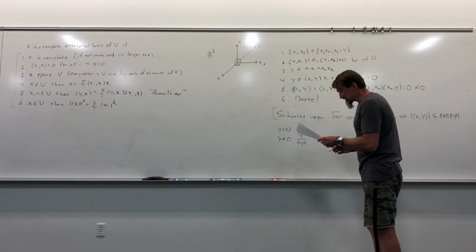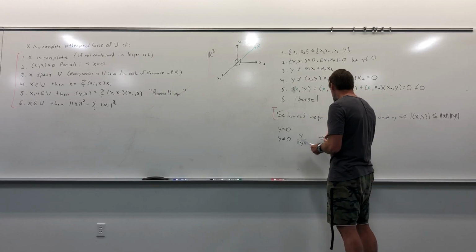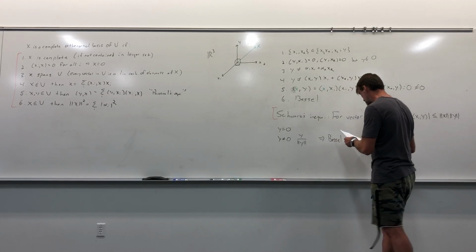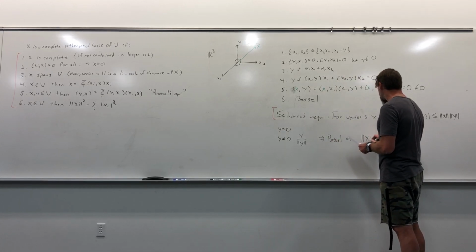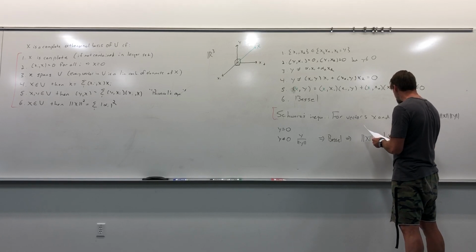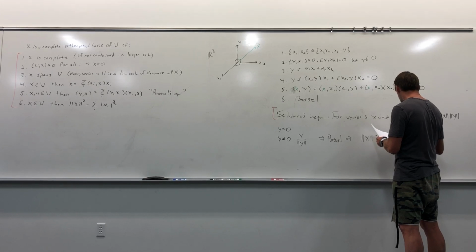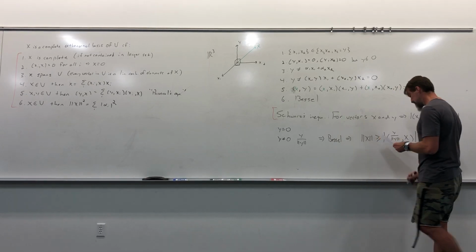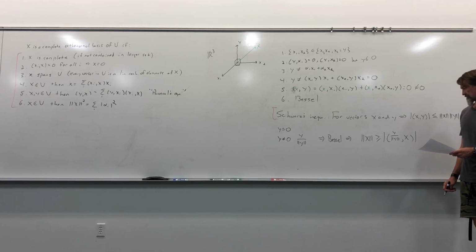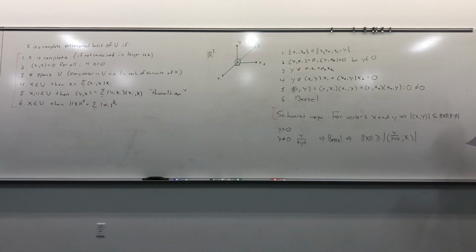Then we use Bessel's inequality. Can't forget the name of Bessel. To say, all right, the magnitude of x is greater than or equal to the magnitude of the inner product of this vector with x. That's just Bessel's inequality. But what can you do?